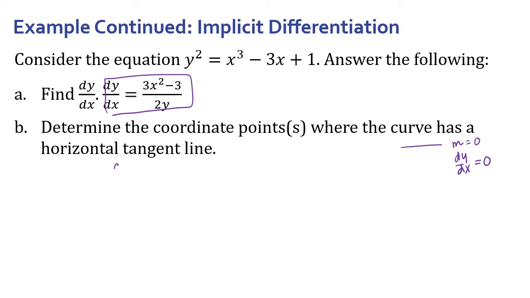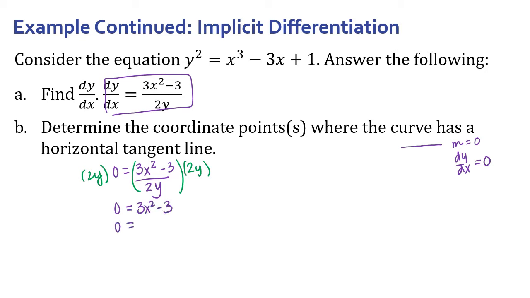So I've got 0 equals (3x squared minus 3) over 2y. So when is that going to equal 0? Let's first get rid of this fraction. Let's multiply both sides by 2y, and I'm going to get 0 equals 3x squared minus 3.